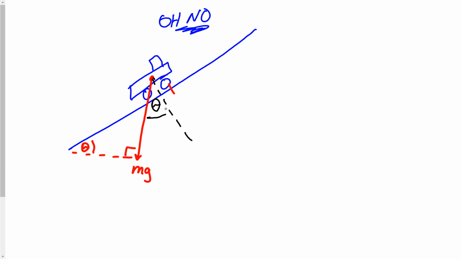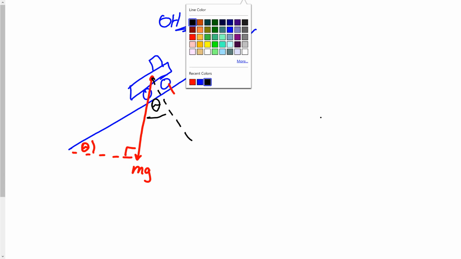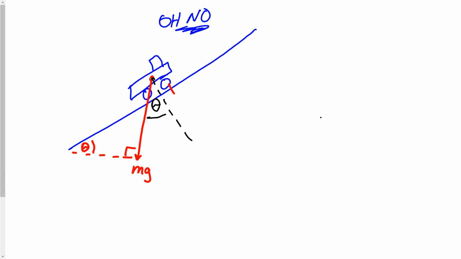And here's the thing, guys, if there's nothing going up the hill, then you've got an mg, and then you've got a normal force acting at 90 degrees on this. And that's it, guys. Two forces.